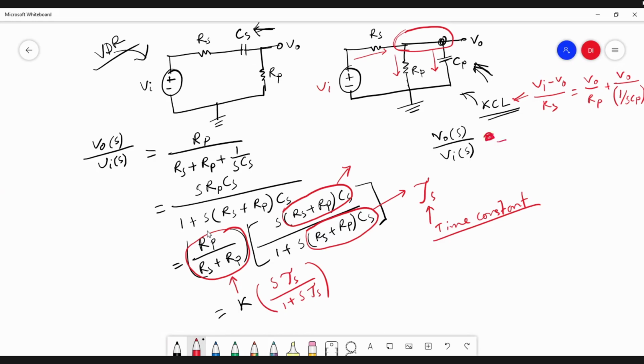Or we can rearrange it in any way and write Vo minus Vi divided by Rs plus Vo by Rp plus Vo by 1 over sCp equals 0.